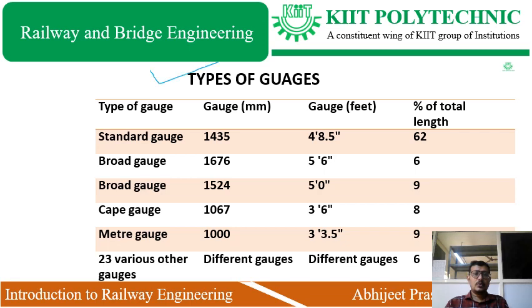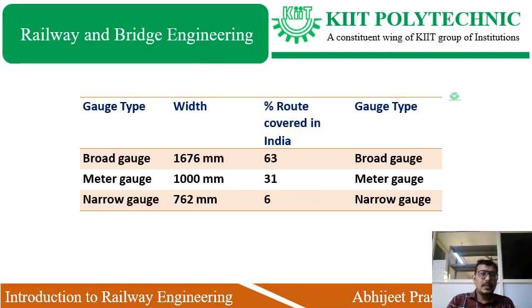There are many types of gauges: standard gauge, broad gauge, Cape gauge, meter gauge, and various other gauges. In India we are basically following three gauges: broad gauge, meter gauge, and narrow gauge. The width of broad gauge is the highest, 1.676 meters.